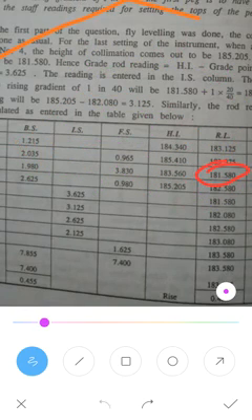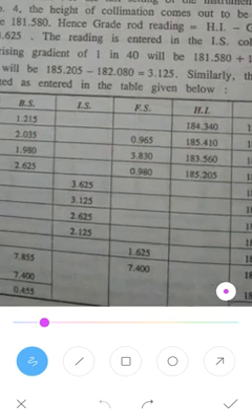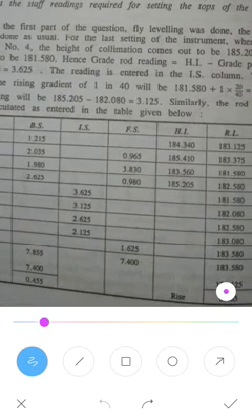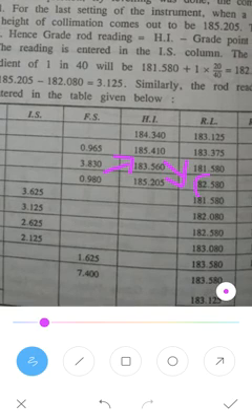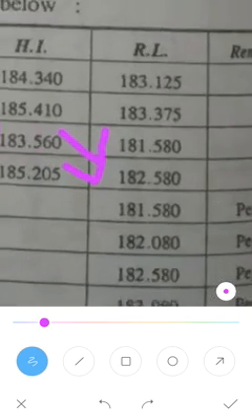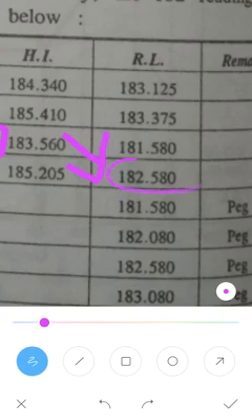See here, this is what you have used: 183.560 minus 0.980, and now you got this value, 182.580.